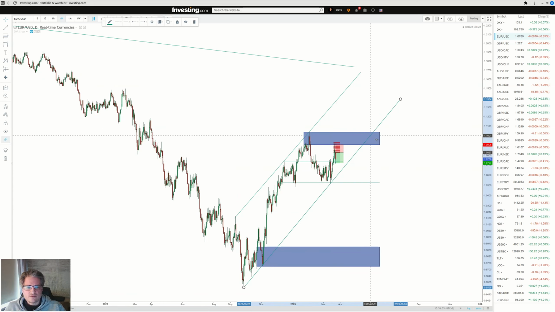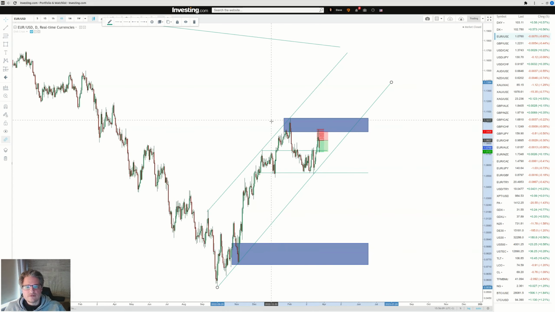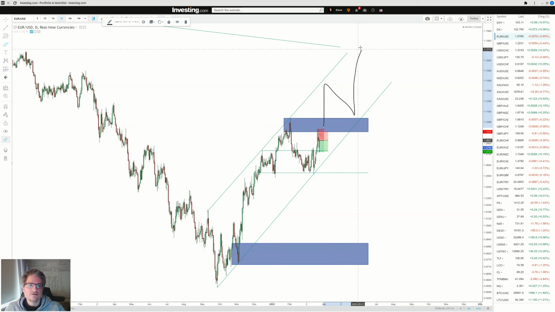Of course we have this supply zone that we still need to break through, but all in all, I think longer term we might see a move something like this. Where's the drawing tool? Let's get it here. So we might go up here a little bit, down again, up, and then from here we might see another leg to the downside. So that's what I'm basically looking at.